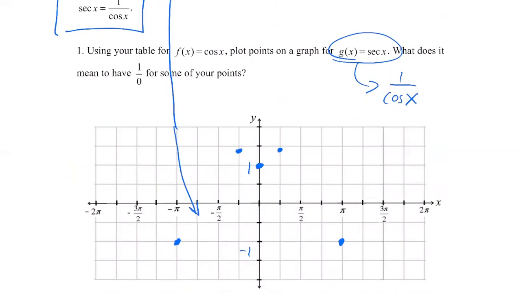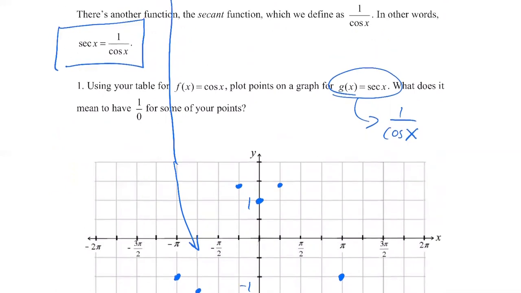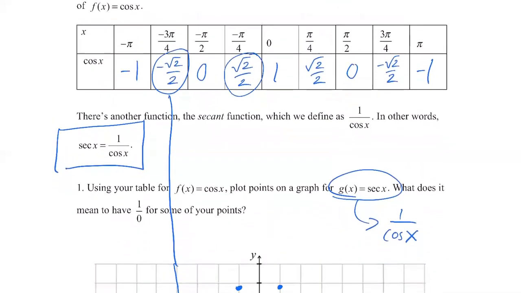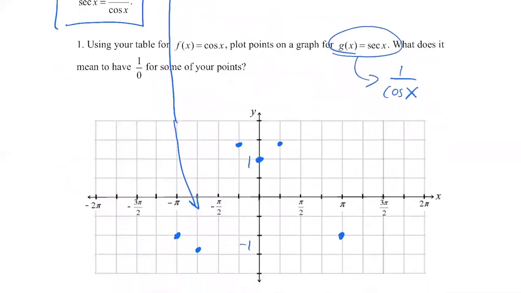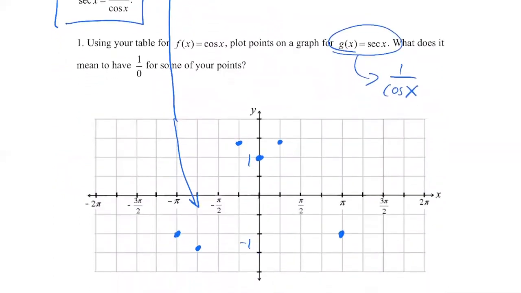So negative 1, negative 1.5. Looks like on that one, we're going to be around here. Okay, and then similarly on 3 pi over 4, it was also negative root 2 over 2, so that would put me down right about there.